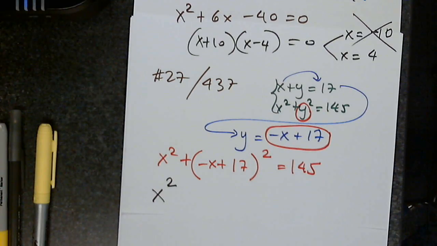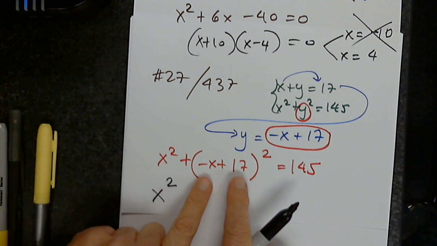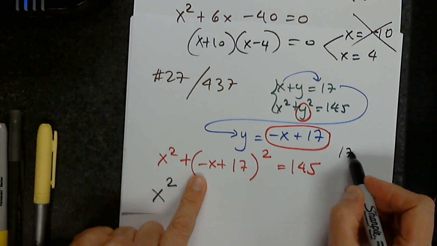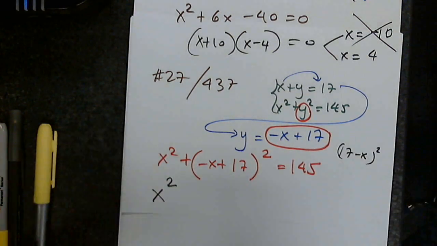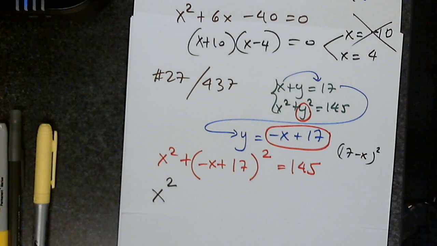Can anyone square negative x plus 17 for us? If it's difficult to square it like this, just change it into 17 minus x and it's the same thing. So please tell me what to write.